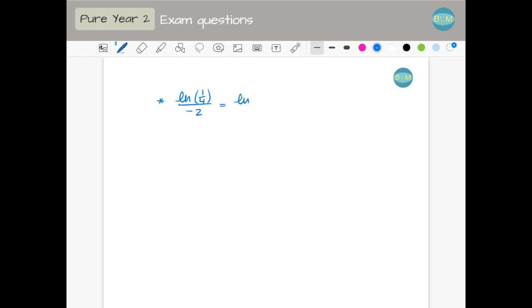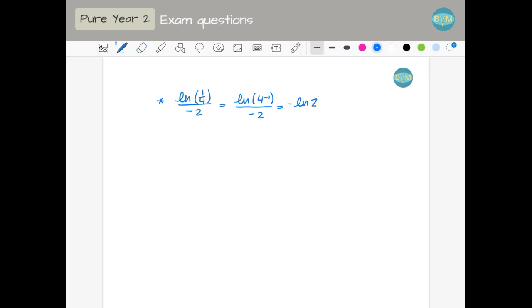Ln 1/4 is the same as ln of 4 to the power of minus 1. I can bring my 4 to the numerator with a negative exponent, divided by minus 2, which is minus ln 4. I can take the exponent to the front. 4 is 2 squared, so I'm going to write 2 squared here, and you're going to see it very quickly.